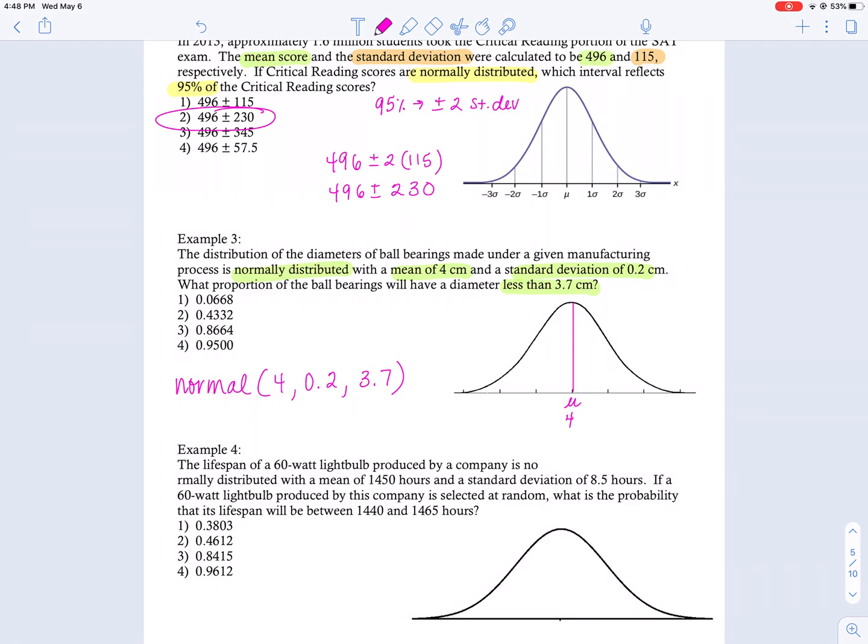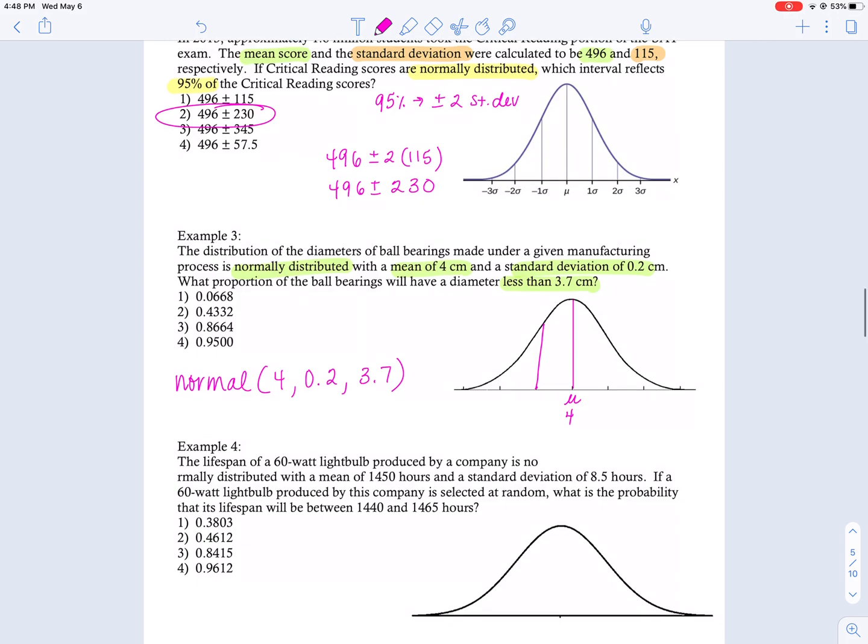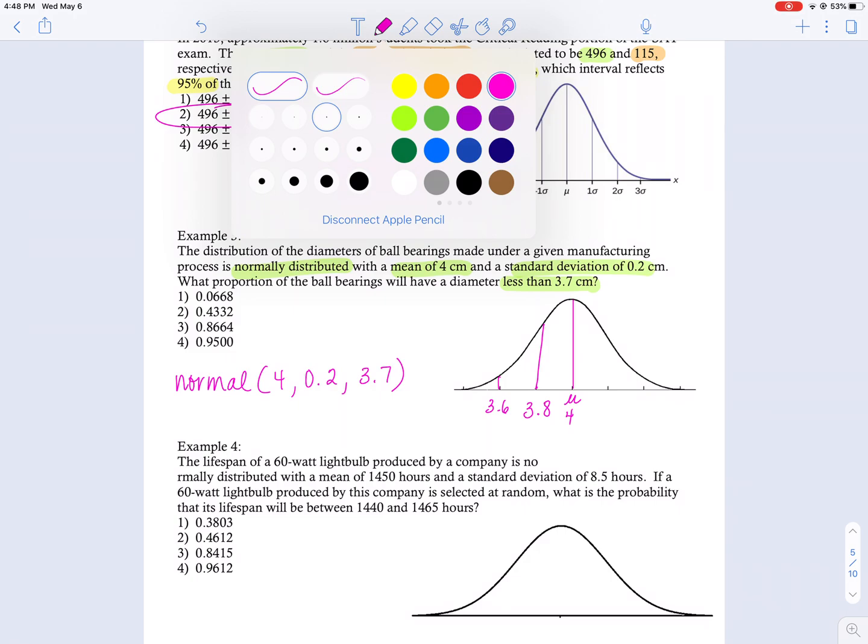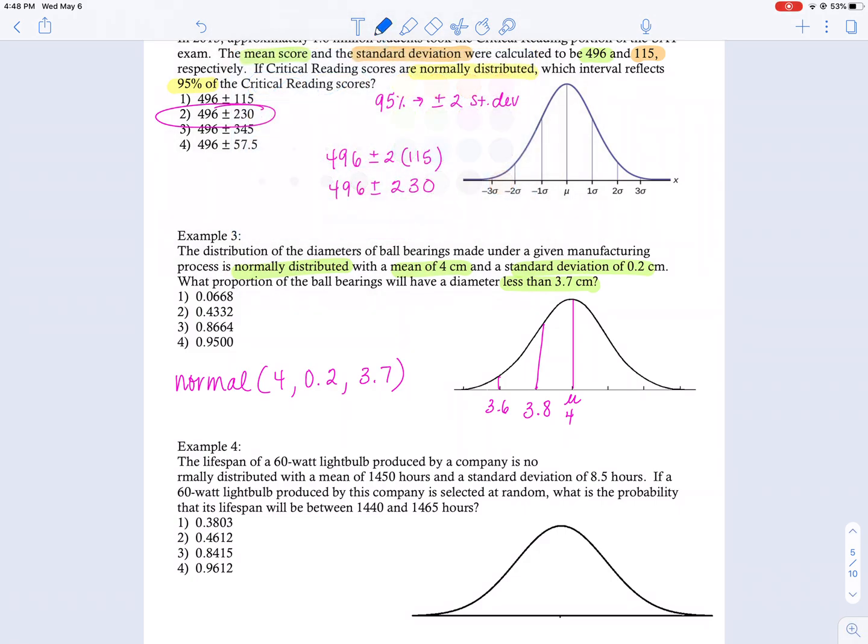That 3.7 is not exactly on a standard deviation, because one standard deviation below 4 would be 3.8, and the next one would be 3.6. That 3.7 is somewhere in the middle of the two standard deviations.